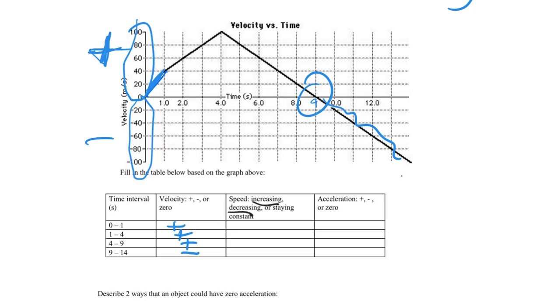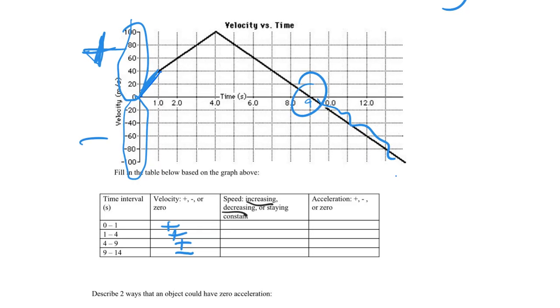Okay, so the graph in interval 0 to 1 is going away from the x-axis, so it's increasing. 1 to 4, still going away from the x-axis, so it's increasing. 4 to 19.